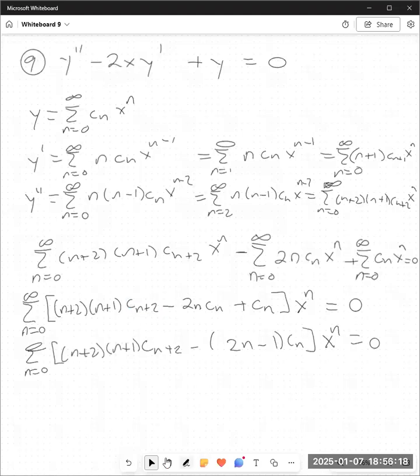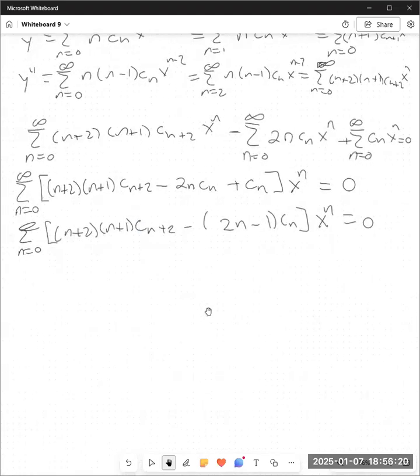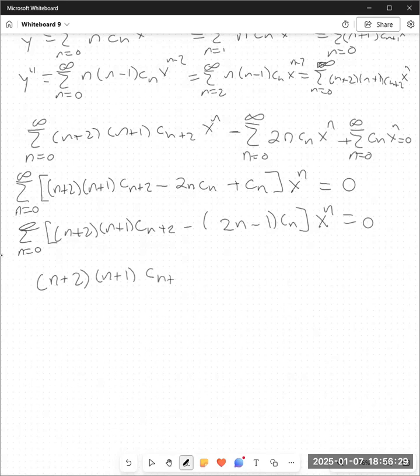All right, now that I have all that, we didn't have to peel any terms off here. (n+2)(n+1) c_{n+2} minus (2n minus 1) c_n is equal to 0.